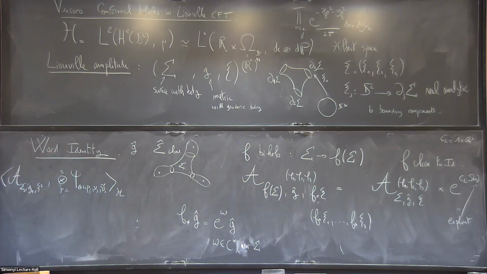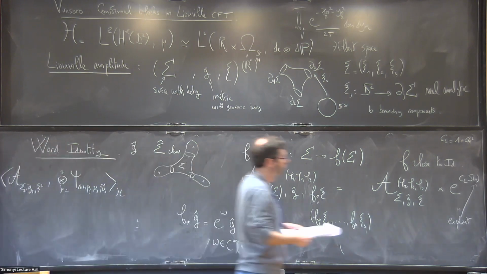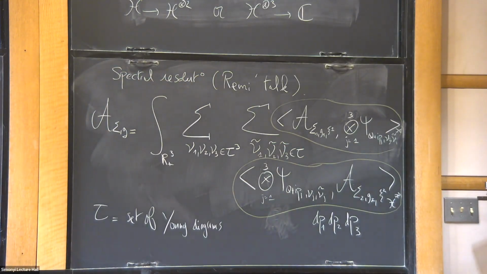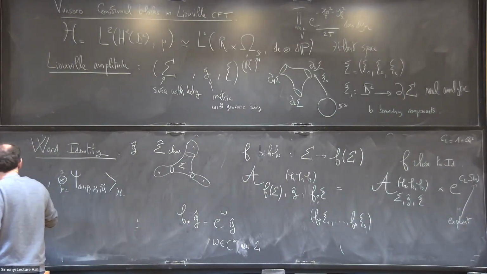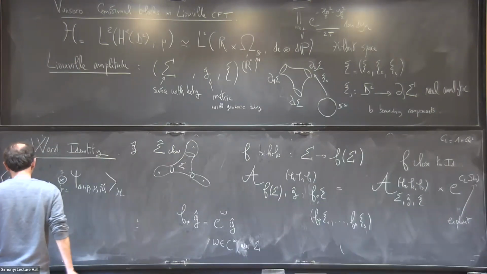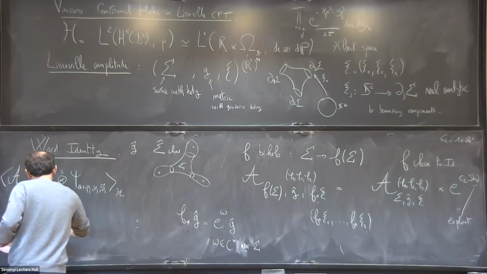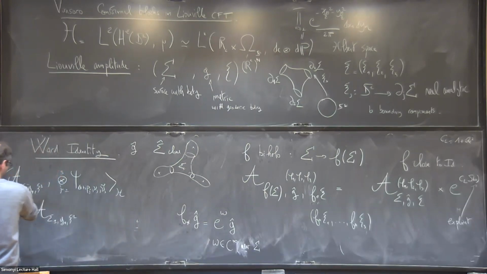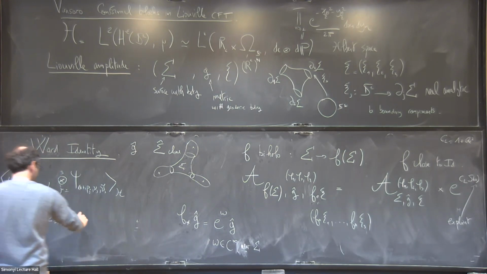So the one identity tells you that if you look at the matrix coefficient of this point amplitude which appears here, it's actually given by the value of the amplitude on the ground state.